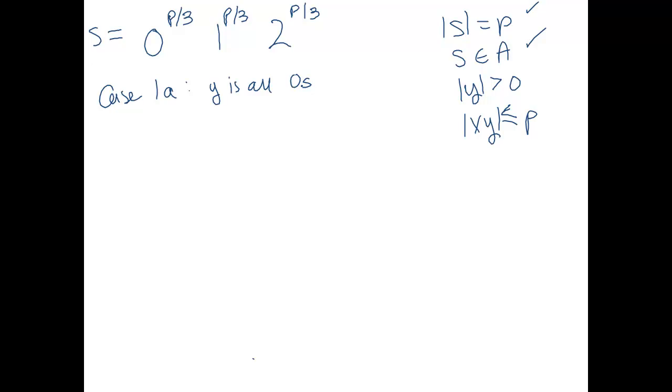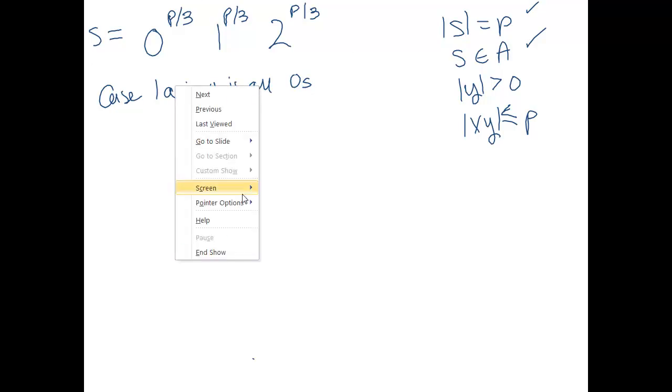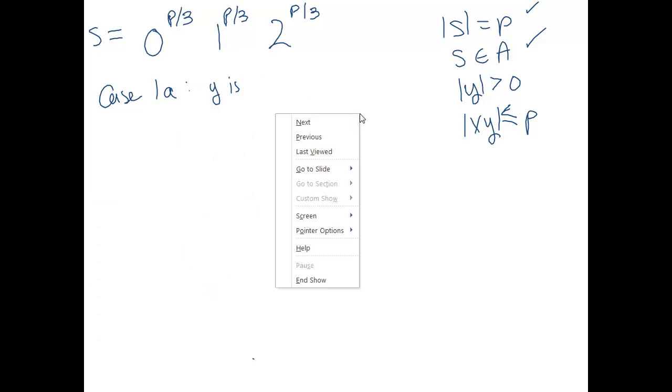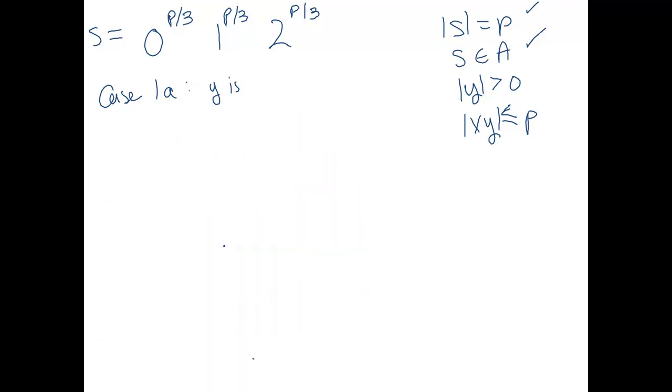I shouldn't say all zeros. I don't actually mean it's all of the zeros. I mean y is composed only of zeros. So let me say that more clearly. y is composed only of zeros.